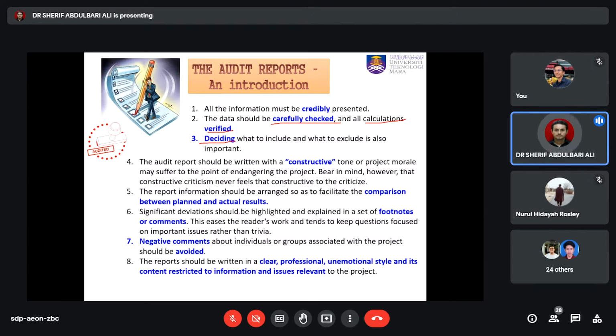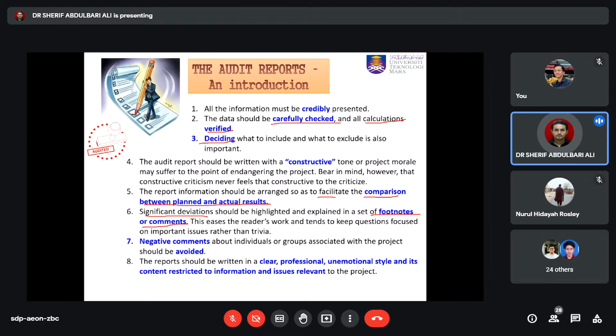The report's information should be arranged to facilitate the comparison between the plan and the actual results. And it should also have footnotes or comments about any significant deviation. So if you have any significant deviations between what we planned and what is actually going on in the real world, you need to have footnotes and comments on that.